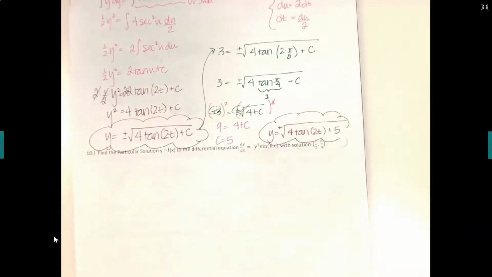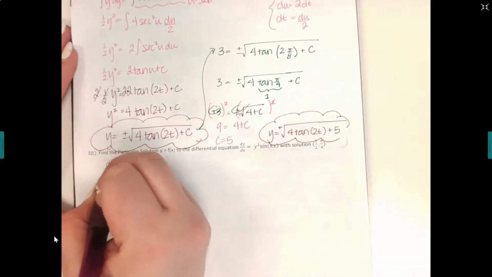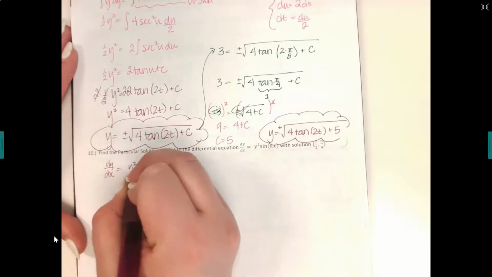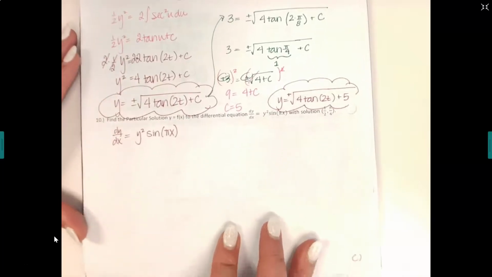Okay, next one. Number 10. Okay, I have dy dx equals y squared sine pi x. We're going to have to separate this. So dy dx is y squared sine pi x. What's going to move?